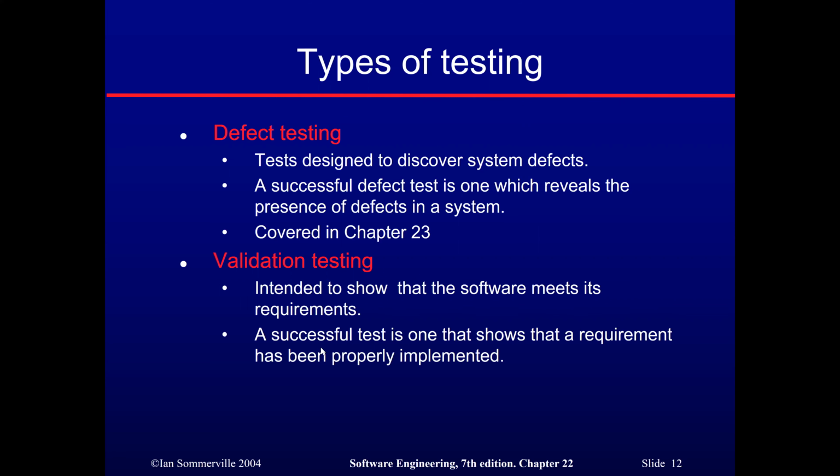But if a validation test is passed by your program, that shows that the requirement has been properly implemented. That is a good thing, when a validation test is passed by your software product.